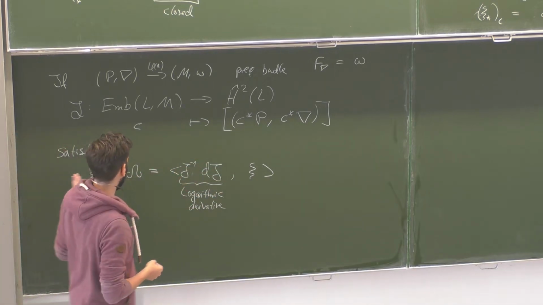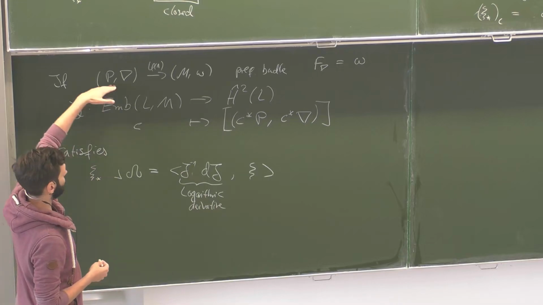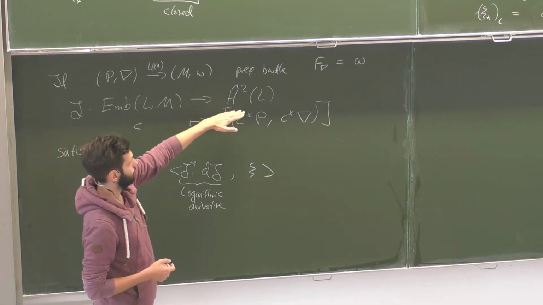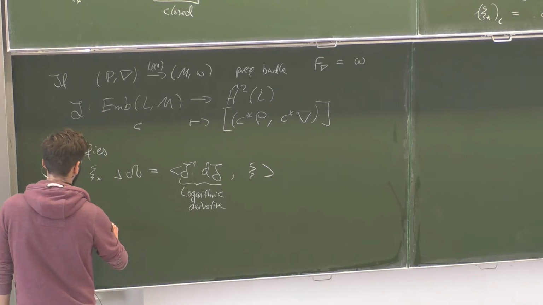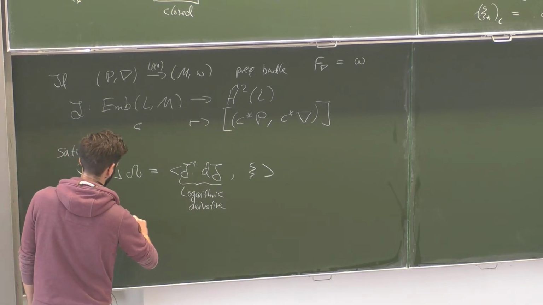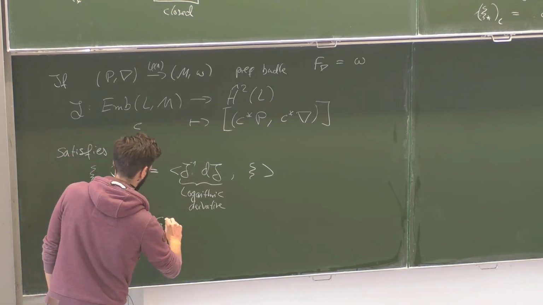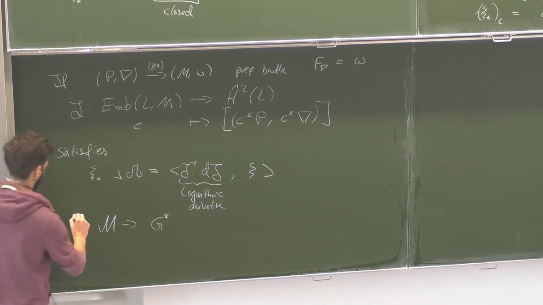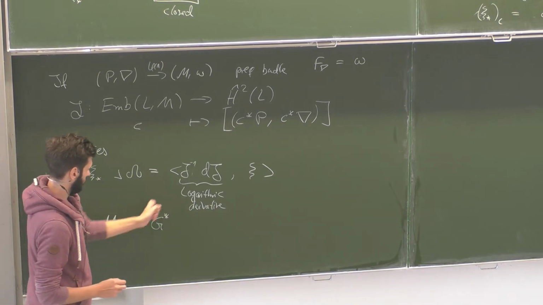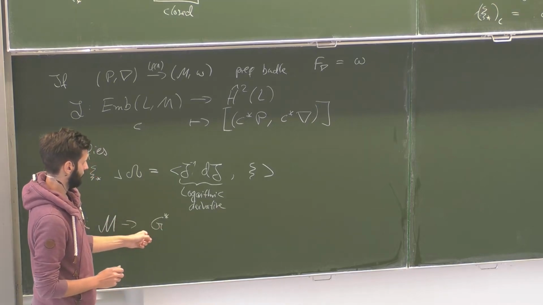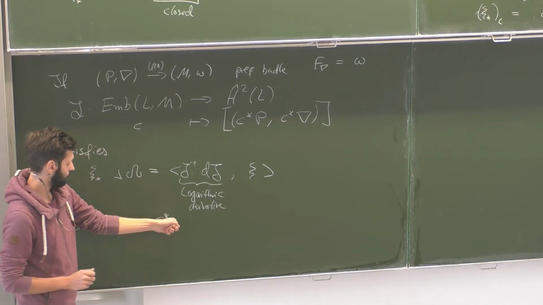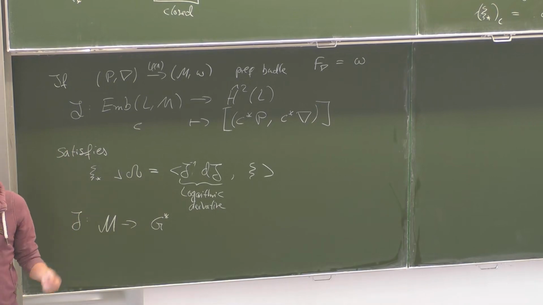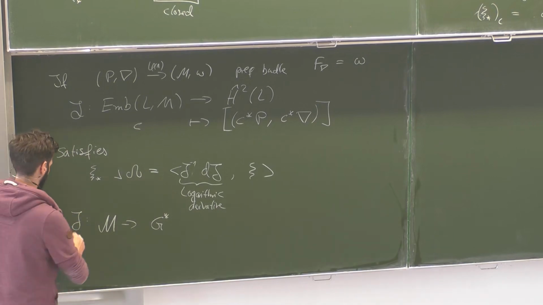So we can now consider this more general class of momentum maps, which would be maps from a symplectic manifold not into the dual of the Lie algebra, but into some bigger class of Lie groups, such that if you take the Lie algebra of that G star, you get the dual back as an abelian group.